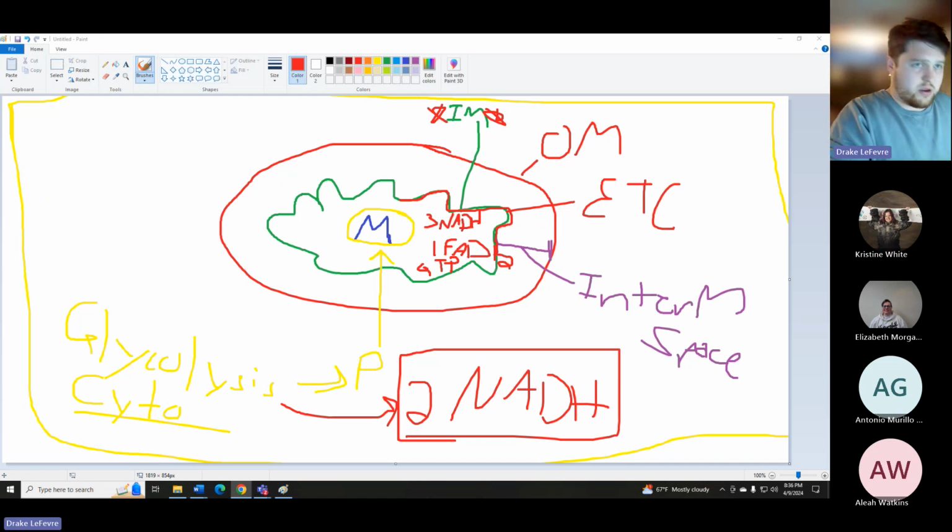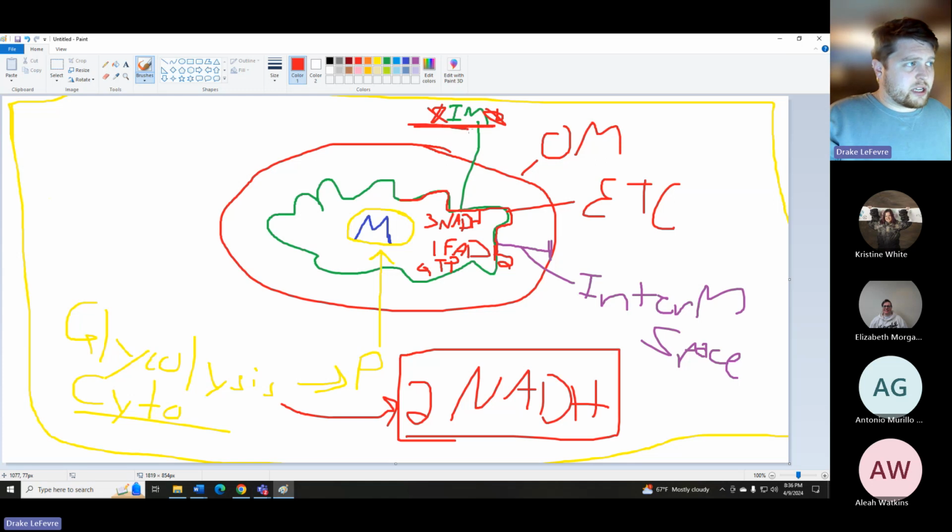Let me double check something. Yeah. This is the intermembranous space. So we have the outer membrane, the intermembranous space, the inner membrane where the electron transport chain is located, and then the mitochondrial matrix where the Krebs cycle occurs. Okay, make sure that that's super, super clear.